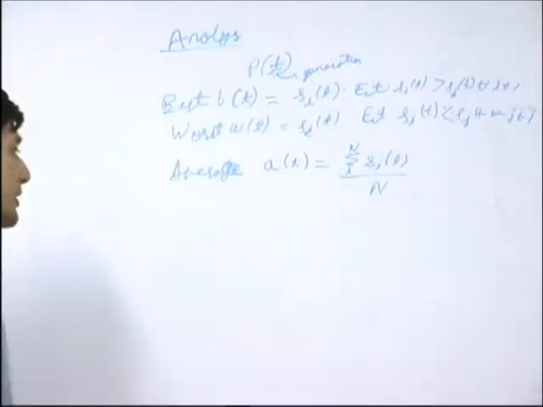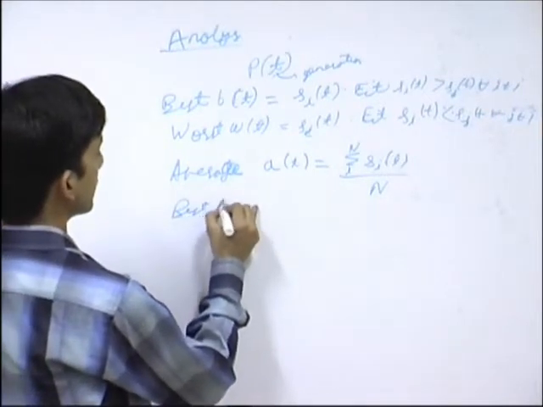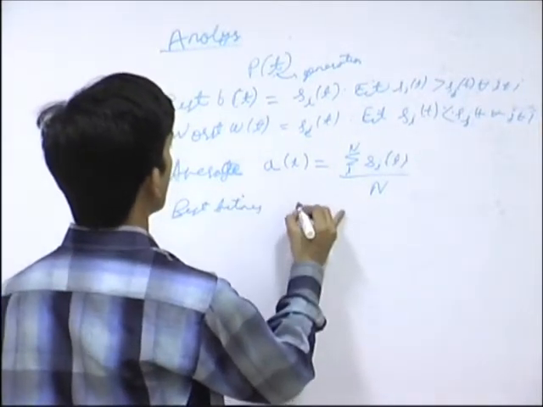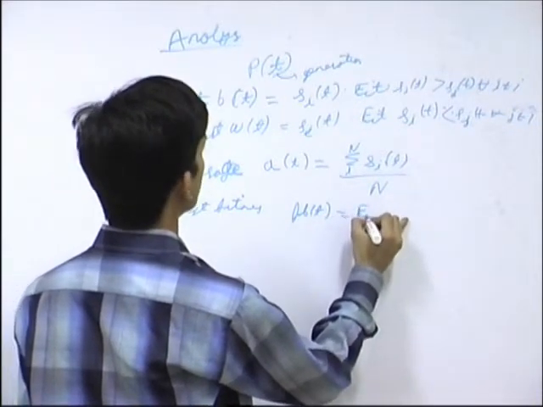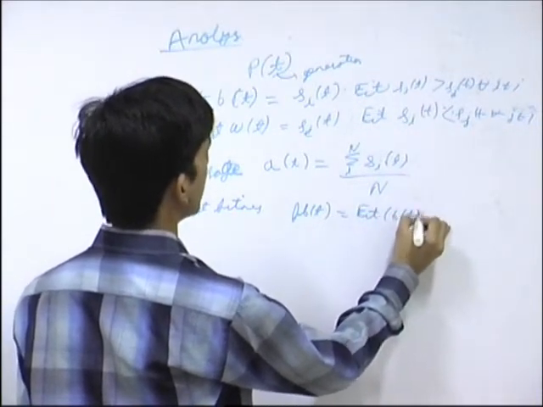I find out the best fitness: FB at the time T is equal to the fitness of the best individual.